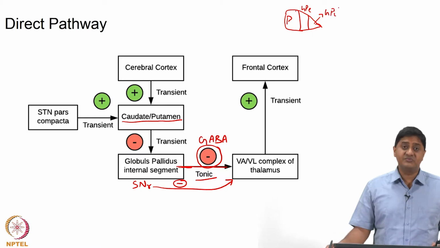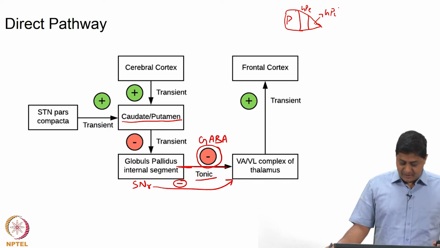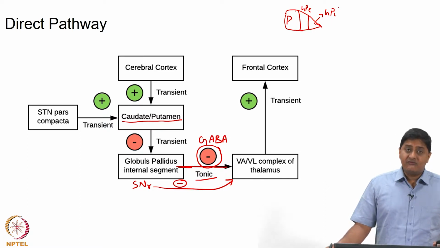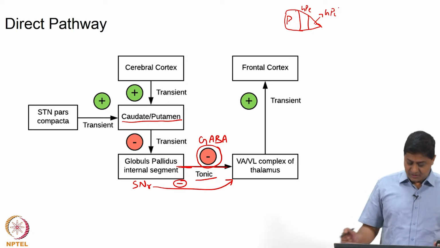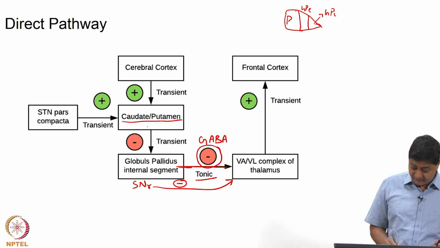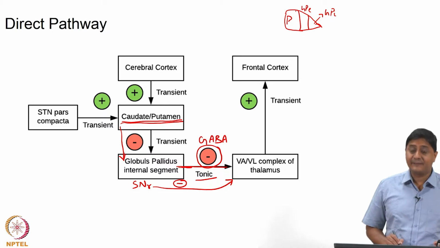Let us remember that GPE forms part of the intrinsic circuitry, GPI is the output structure, whereas putamen is the input structure of the basal ganglia. The direct pathway involves projections from the striatum directly to the GPI. So, here you have direct projections from the caudate and putamen to the GPI.